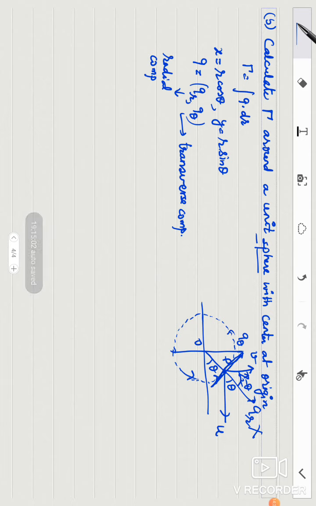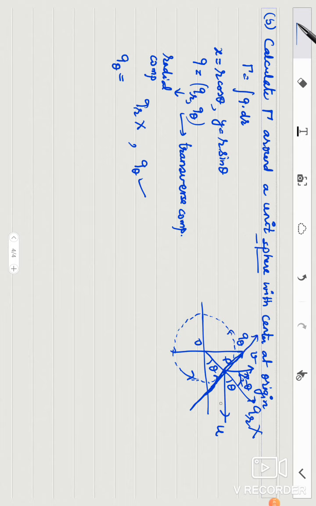So qr is 0 in this case, or you can say I do not have to consider qr. Only q theta will be considered. Now what will be q theta? This is the transverse component of velocity.